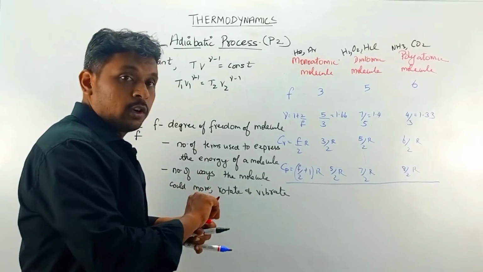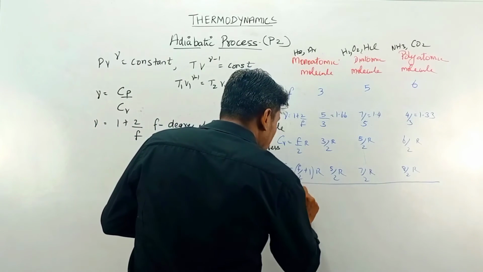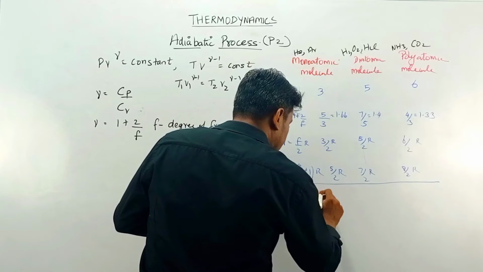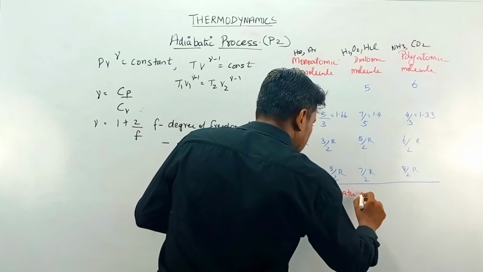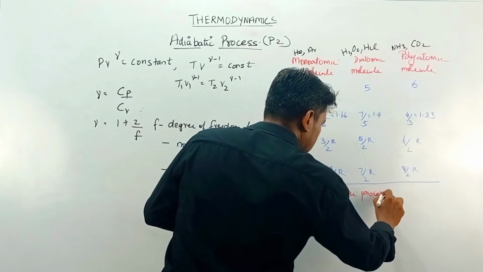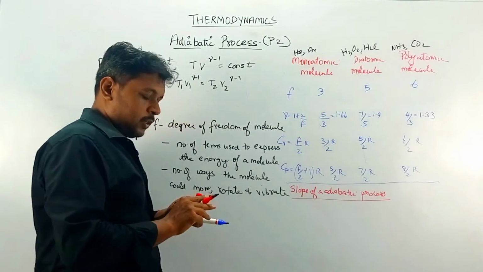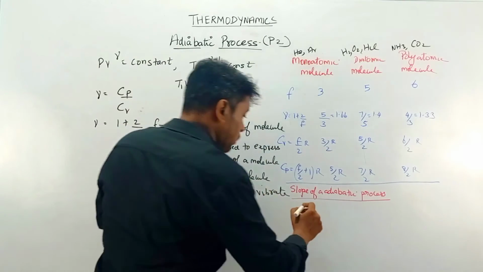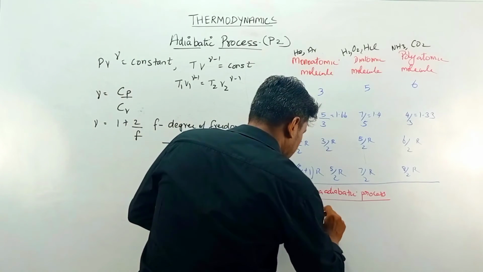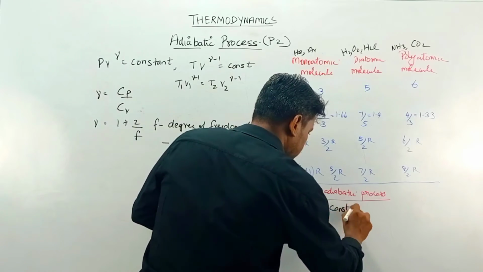Okay, now I am going to write the slope of an adiabatic process. To find the slope of adiabatic process, we take the equation of adiabatic process, that is PV^gamma is equal to constant.